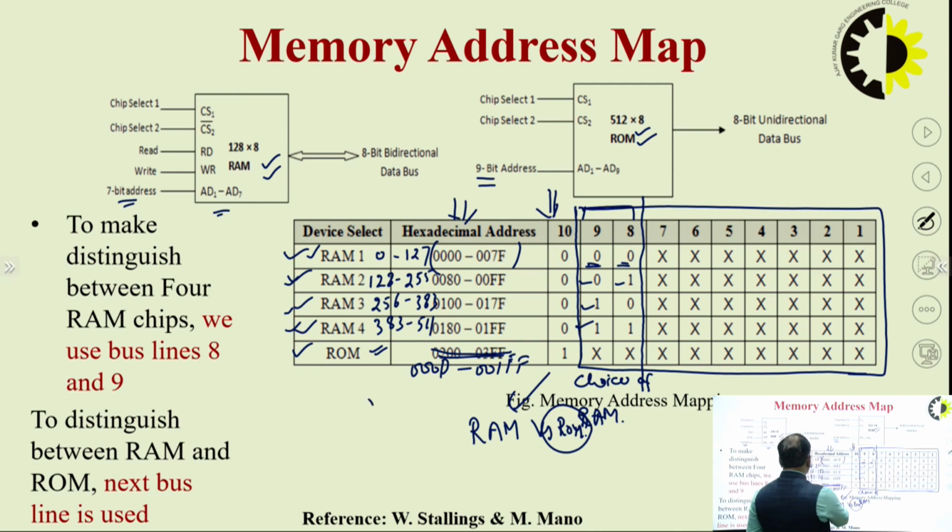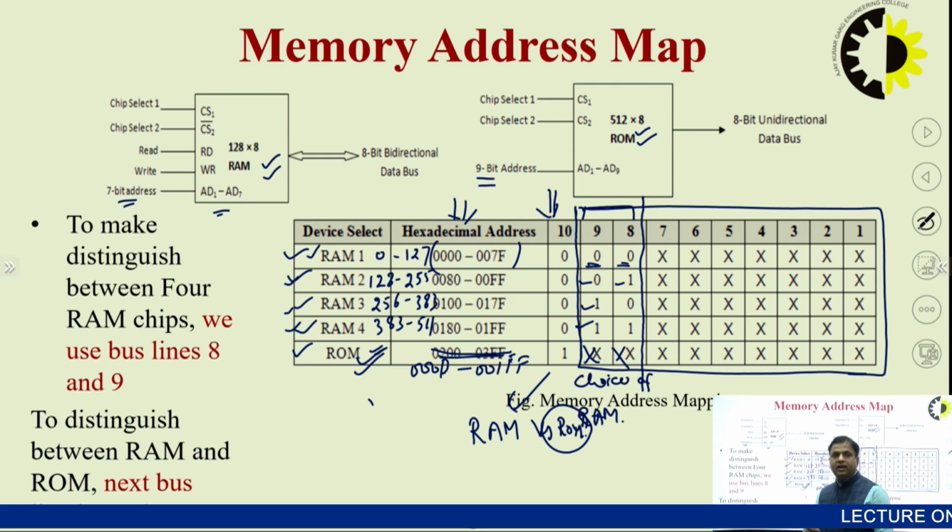Under this condition, bits 8 and 9 are don't care: whatever the value of bits 8 and 9, there is no harm, whatever the combination in case of ROM. In this way we can design a memory unit of larger size.